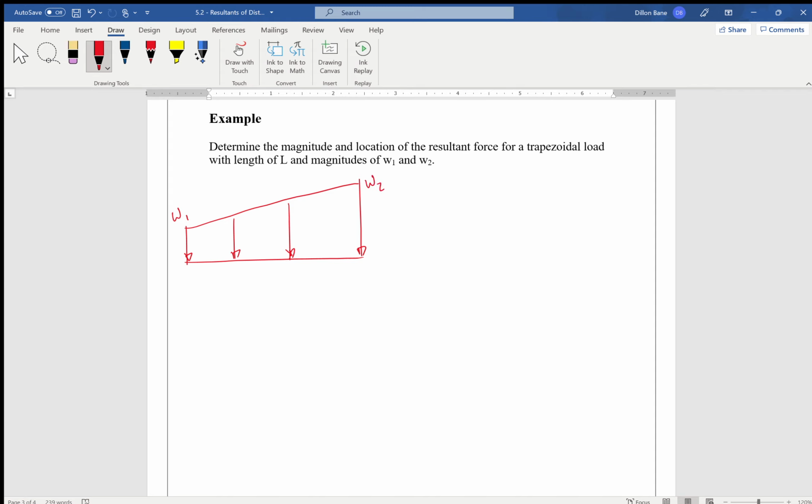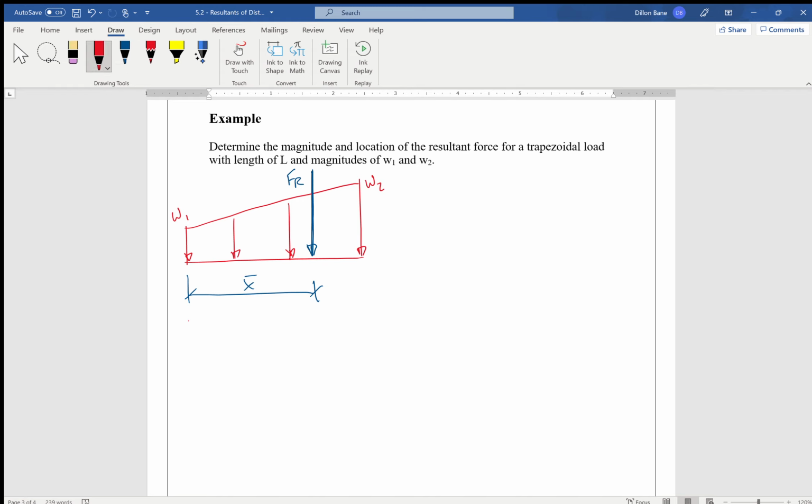So W1 is not 0 anymore. Our trapezoid load has some initial load, and it goes up to W2. And we're still wanting to figure out the resultant force. And just like the triangular load, it's going to be skewed to the bigger side, right? It's going to be skewed closer to W2. So this is FR. This distance we can say is x bar.